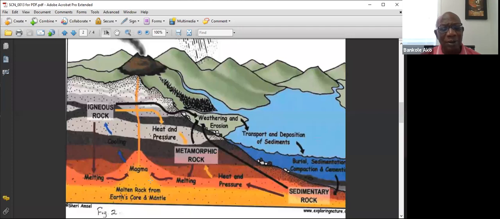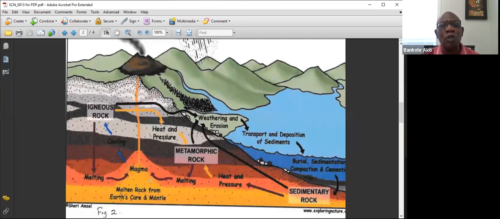The next set are the sedimentary rocks. The sedimentary rocks originate when particles settle out of water or air, or by precipitation of minerals from water. That is, we have erosion of existing rock materials. They get transported either by wind.